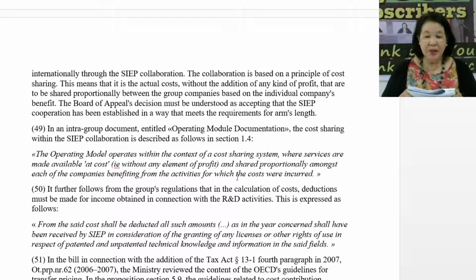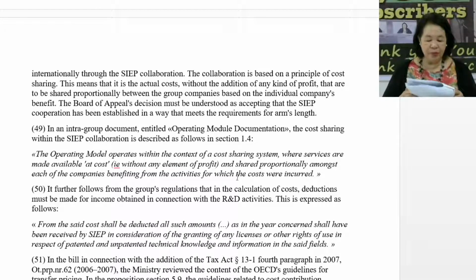No? Siyempre, kung may contribution ka, the contribution will be compensated with the benefits, no? So the Board of Appeals decision must be understood as accepting that the SIEP cooperation has been established in a way that meets the requirements for arm's length, no?